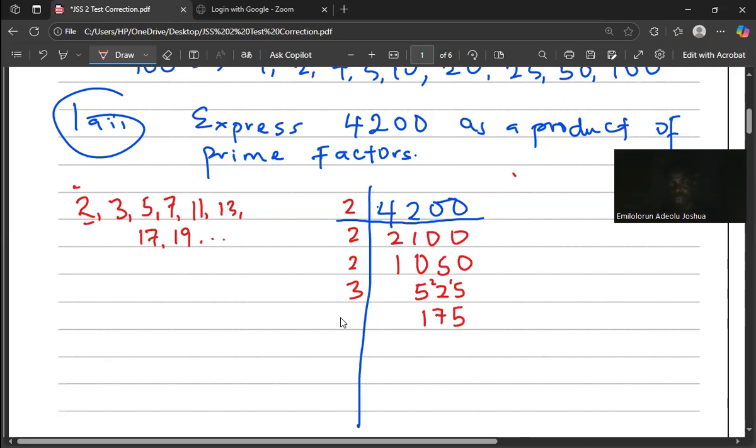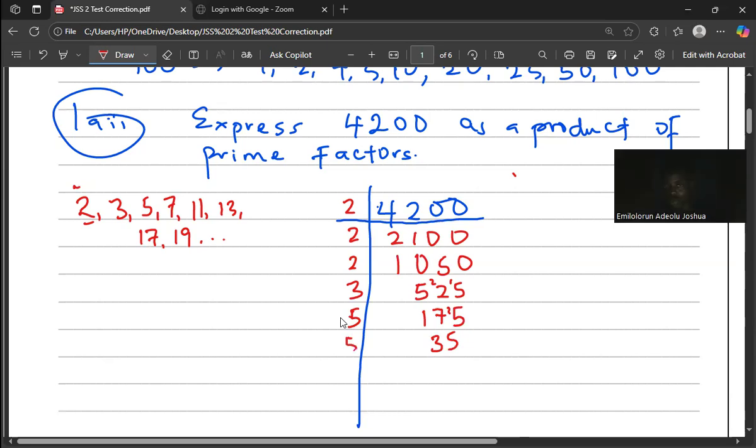Any other number? Can we still try 3? Does 3 still go? I think no, 3 doesn't divide again. So we use 5. 5 into 17 is 3 remainder 2. 5 into 25 is 5.